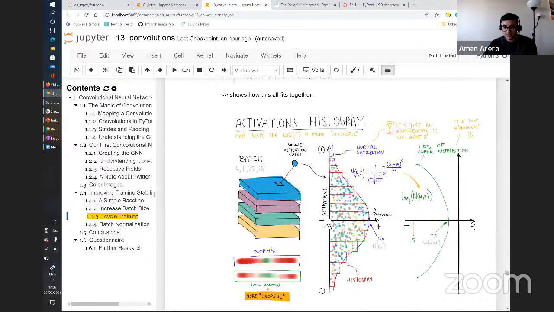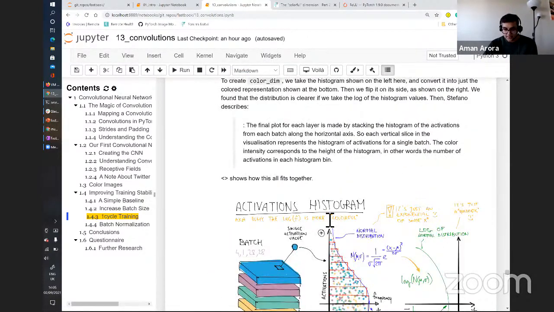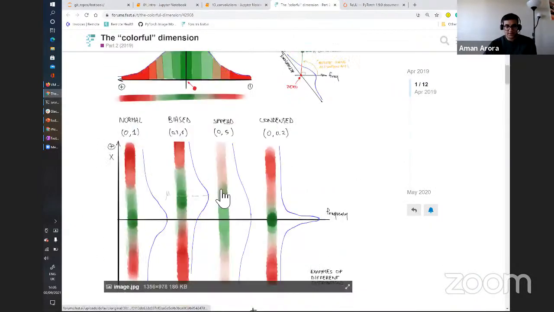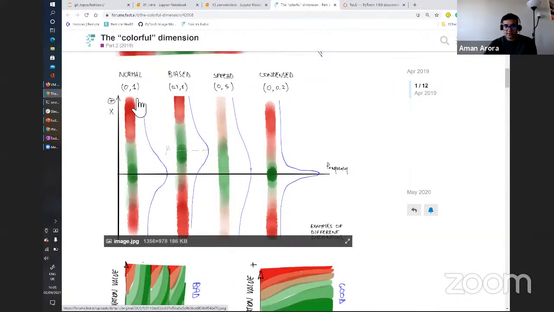I think there was a nice graph that explains how that looks, yes, over here. For my normal distribution, if you plot it using this colorful dimension idea developed by a FastAI student, you see red, red, red, green, and red, red.